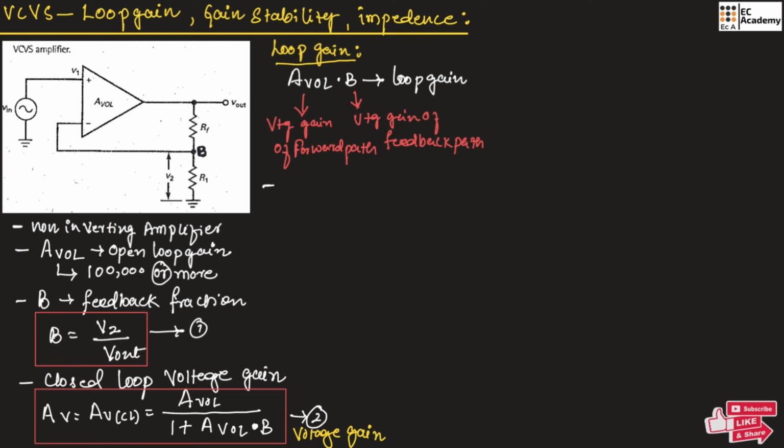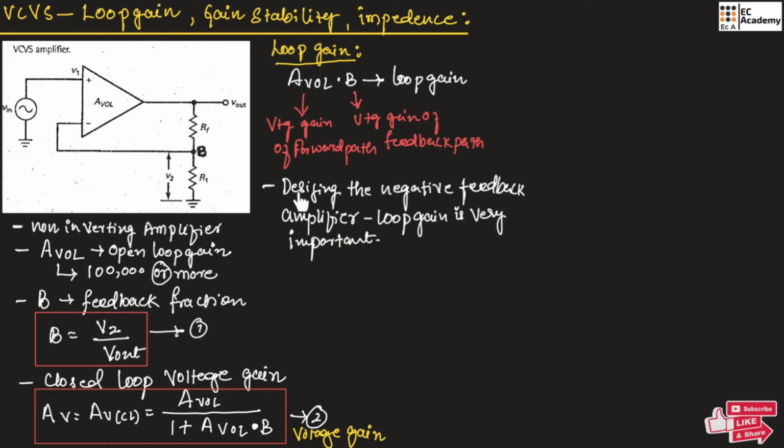In designing a negative feedback amplifier, the loop gain is very important. You need to remember, to design a negative feedback amplifier, the loop gain is very much important. In practical design, this loop gain is made very large.